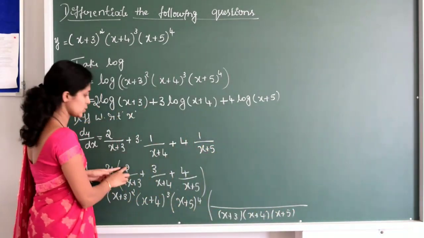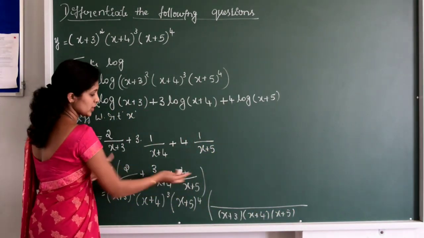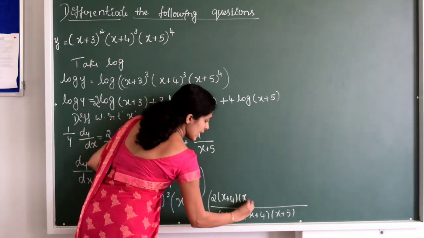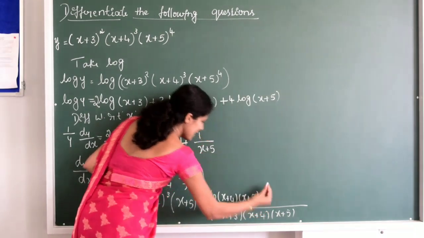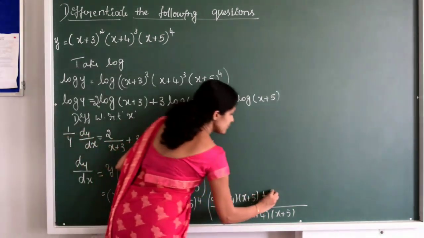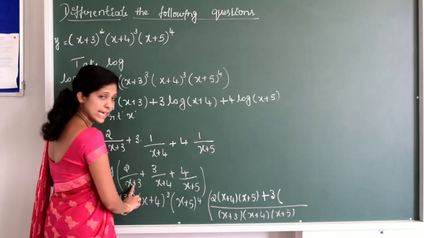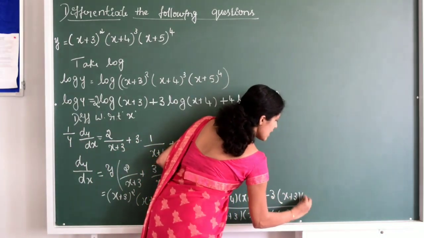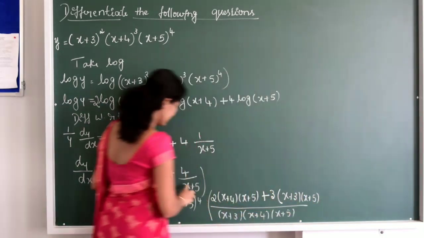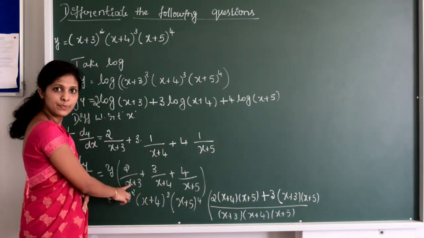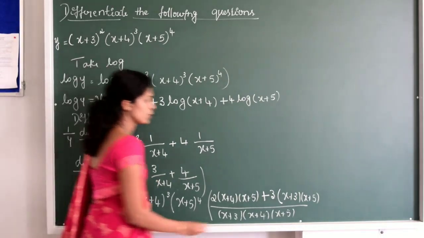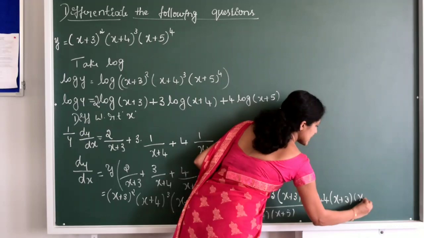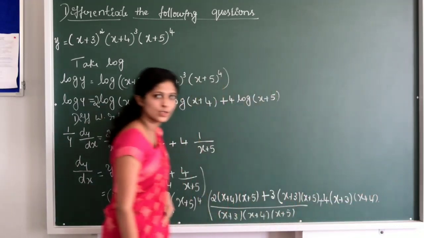So 2 is multiplied by (x plus 4) into (x plus 5), so 2 into (x plus 4)(x plus 5), plus 3 into (x plus 3)(x plus 5), plus 4 into (x plus 3)(x plus 4). Is it clear?